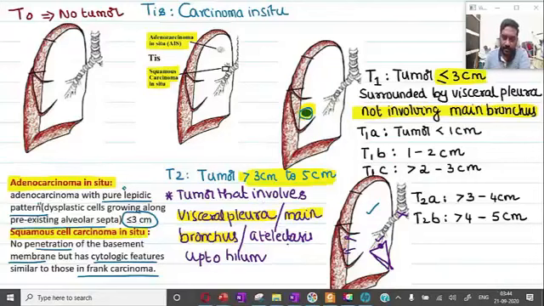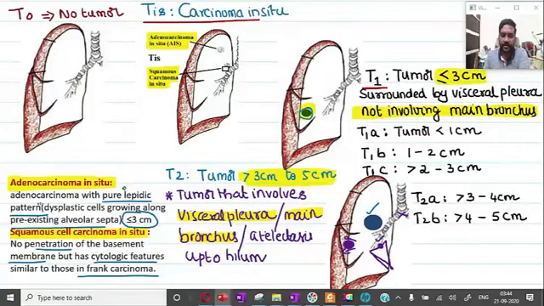So here in this slide, we clearly discussed what is carcinoma in situ. What is T1? In T1, there is no invasion. It is enclosed within the visceral pleura. And in T2, the size is more than 3 centimeter to 5 centimeter, or involving the visceral pleura.